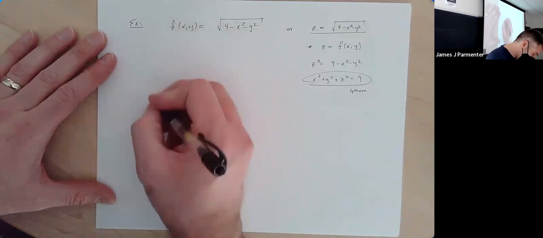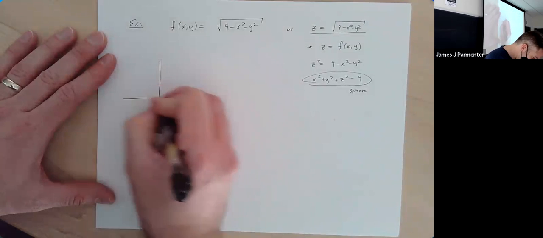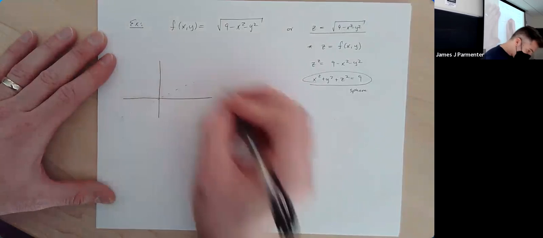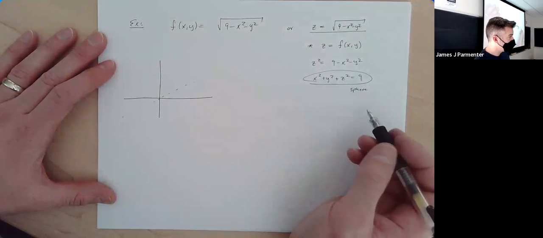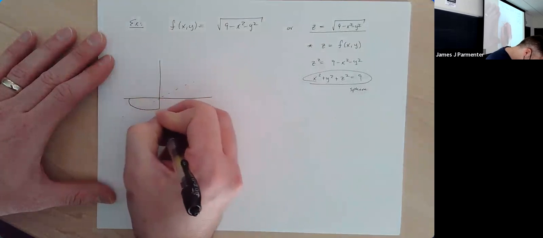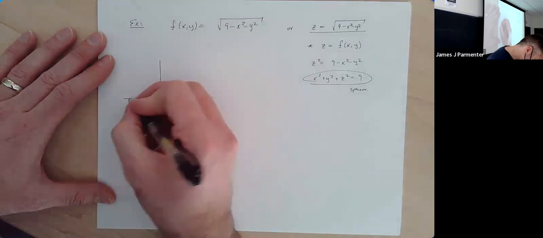So here's what this looks like. I'll do my best to graph it here. Kind of like that. So I've got a sphere of what radius? Yeah, the top half of the sphere of radius 3. I'll do my best to draw it here.